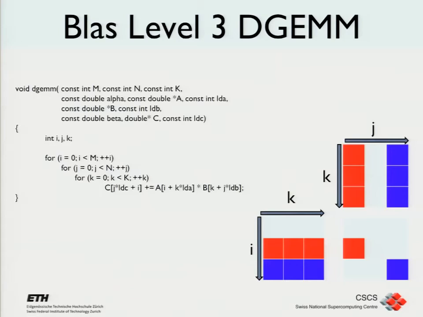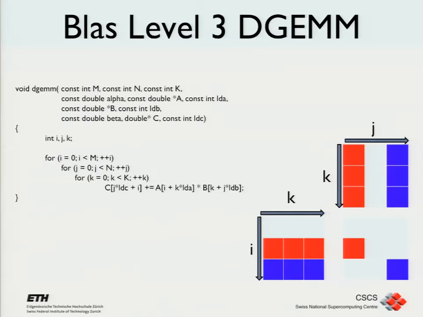Otherwise, if you put the K as the innermost loop, for example, it's likely that the data won't be in the cache, because the processor will get data that is far away from the current position.